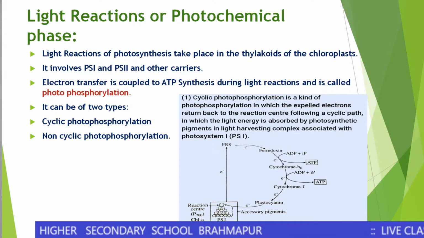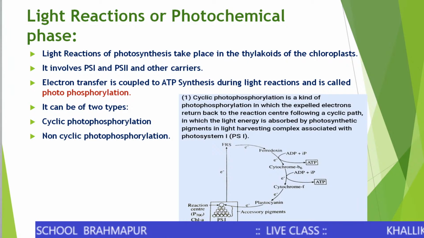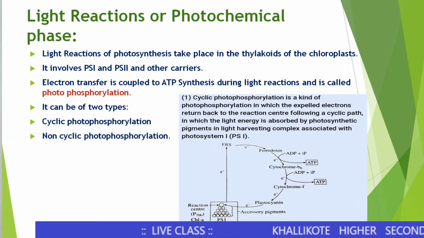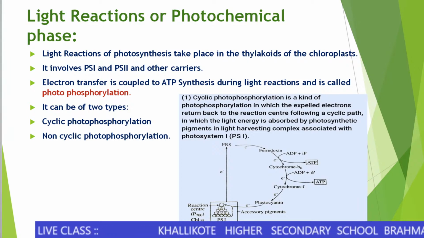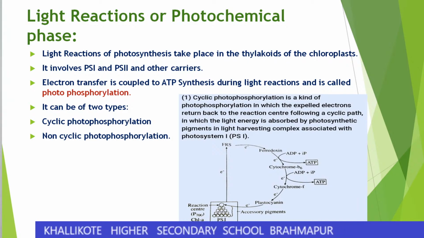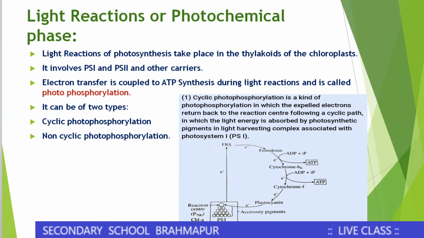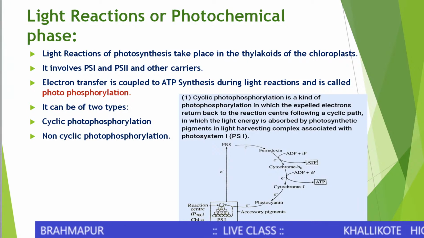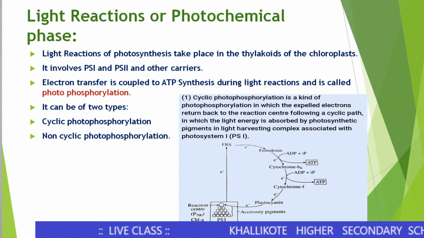Photophosphorylation leading to the synthesis of ATP can be of two types, that is cyclic photophosphorylation and non-cyclic photophosphorylation. What all other activities occur in the photochemical or light reaction? There is also photolysis of water, or splitting of water to liberate oxygen molecule.